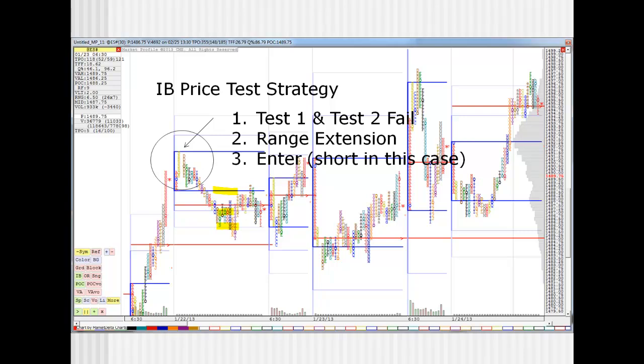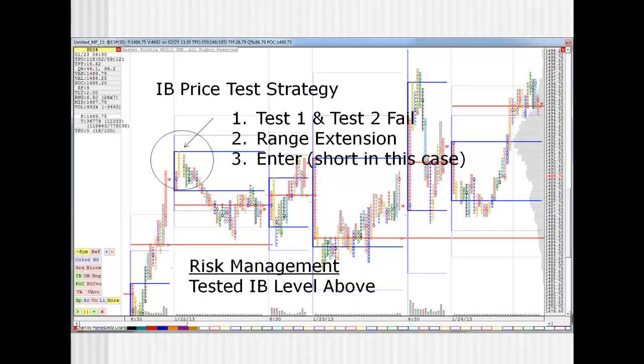Now, risk management. Where would we in fact put our stop loss? And the answer really is quite self-evident, and this is the beauty and the nice thing about trading the IB levels: once they're tested twice, if you put your stop loss at the initial balance itself, at the level where the initial balance high is, in this case since we're heading short, that is a safe risk management parameter, and you should stay there as you reach your other targets.